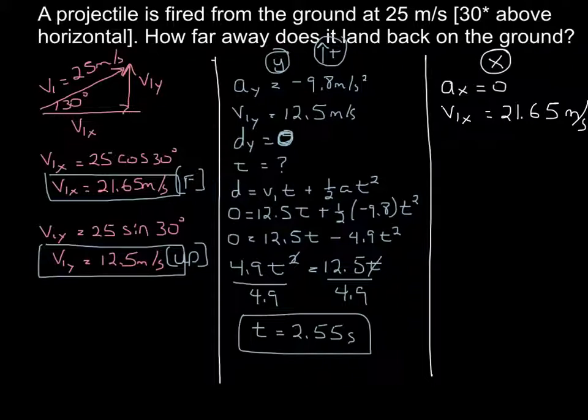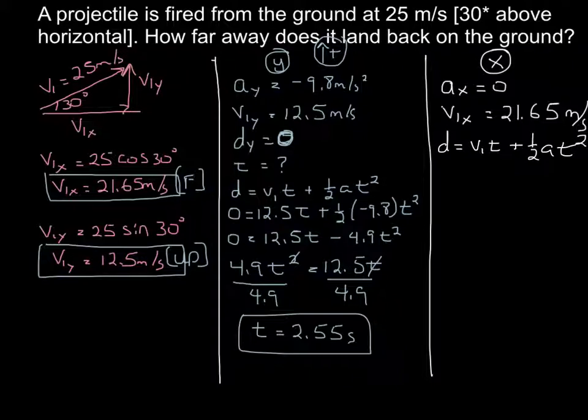The equation that I have in the x direction is really always the same. Because acceleration is 0, if you think of that best friend equation, and here I'll point to it again in the y direction, this best friend equation right here, if acceleration is 0, then that whole thing goes away. So if I write it again here, d is v1t plus 1/2 at squared.